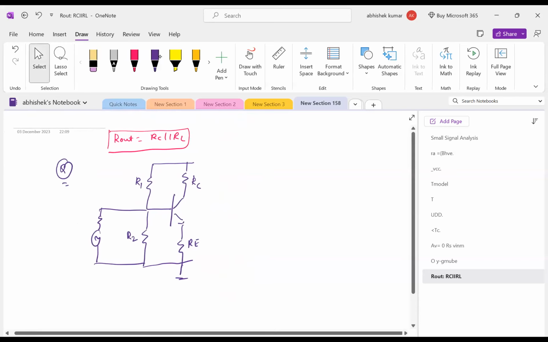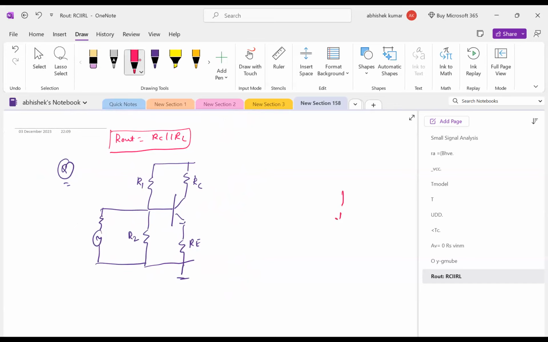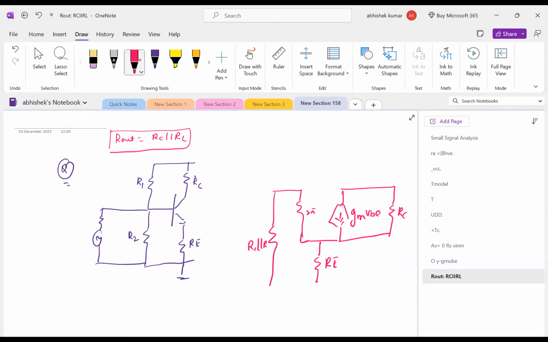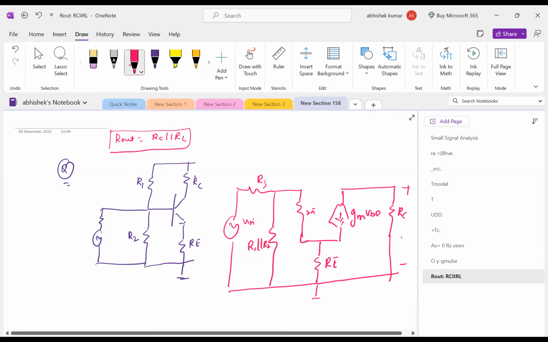You can practice it at home. I'm giving you one hint: this is your gmVBE, this will be your RC, this will be your RE, this will be your r pi, this will be your R1 parallel R2, RS, V input. Sorry, this will also be grounded, and we are taking output from this part.